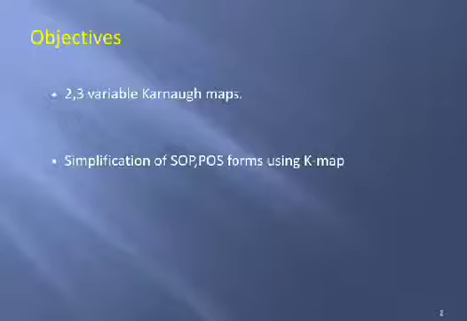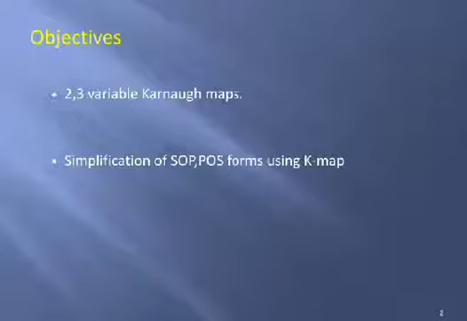Whereas if the number of input variables is increasing, it is very difficult to minimize the given SOP or POS forms with Boolean laws and De Morgan's laws. That's why K maps, Karnaugh maps, came into picture for the minimization or simplification of SOP and POS forms.